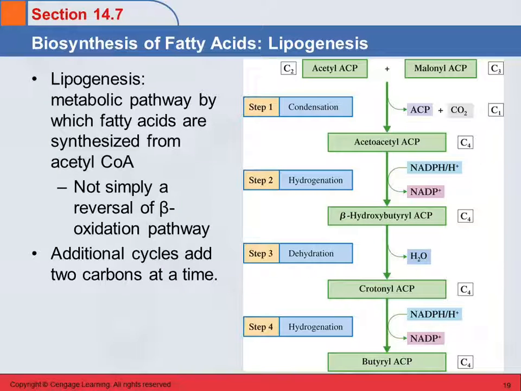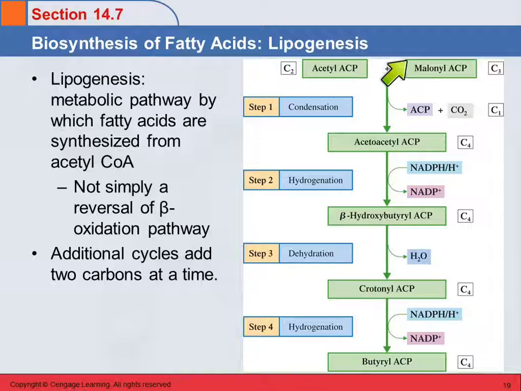So we talked about breaking down lipids. We can also make lipids. Lipogenesis is the metabolic pathway in which we synthesize fatty acids from acetyl-CoA. Again, this is not simply a reversal of the beta oxidation pathway. Here we have illustrated one cycle. We need these activated components.